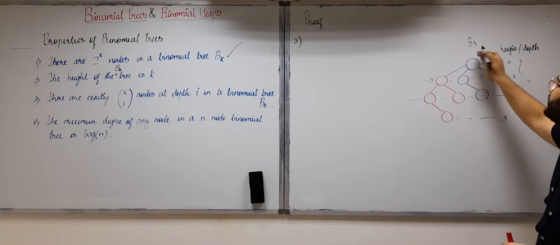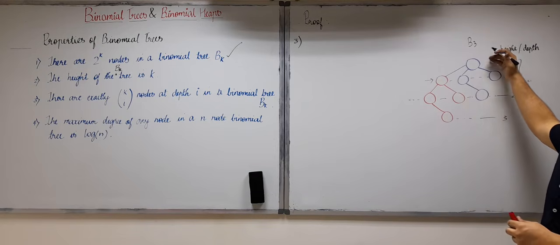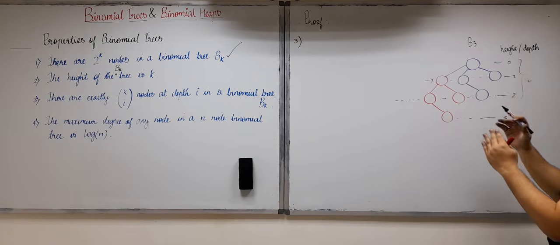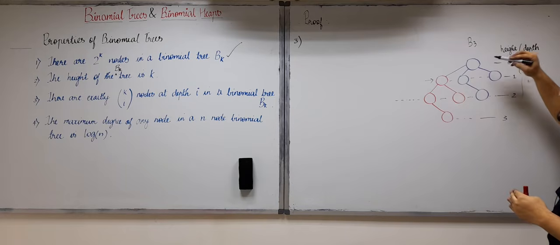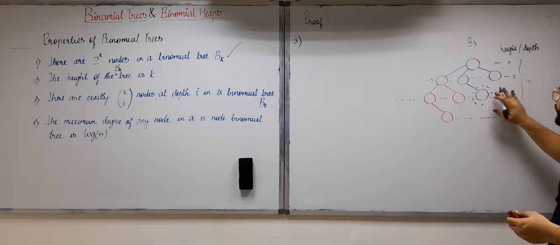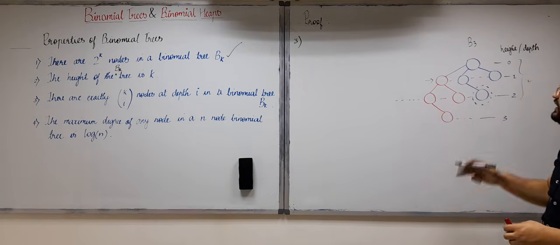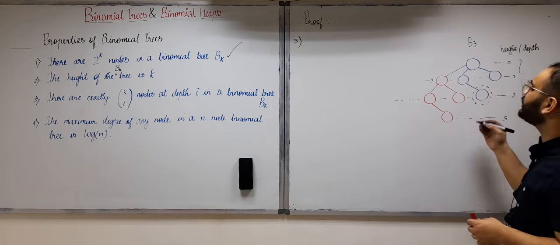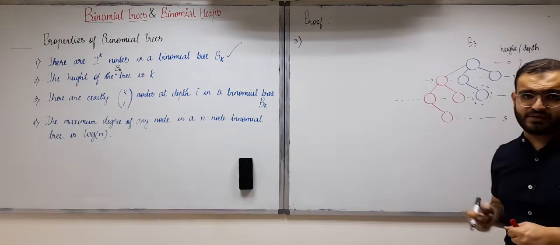If you look closely over here in this blue, a B2 is also starting at the same point where this B3 is starting, right? So a B3 at depth i will contain the number of nodes of a B2 at depth i, like for example this node. But it will also contain the number of nodes in a B2 at depth i minus 1.